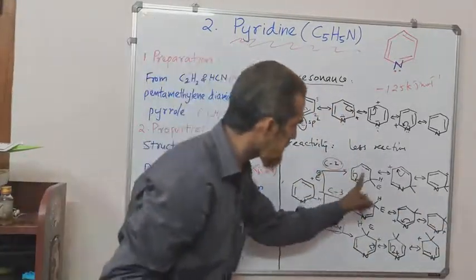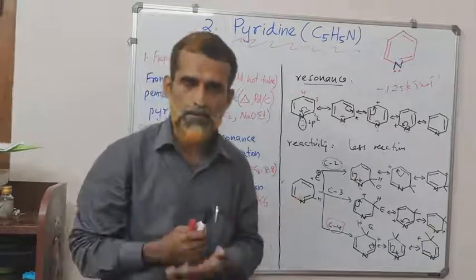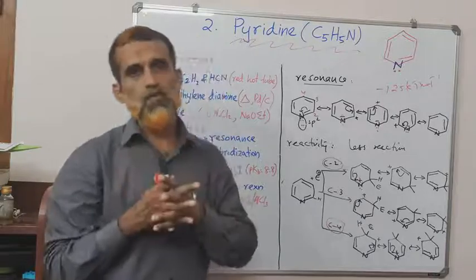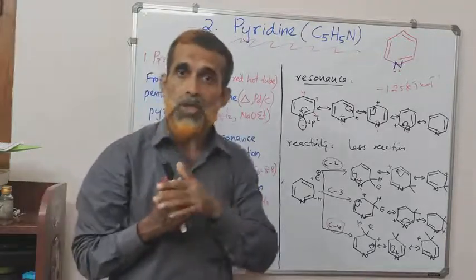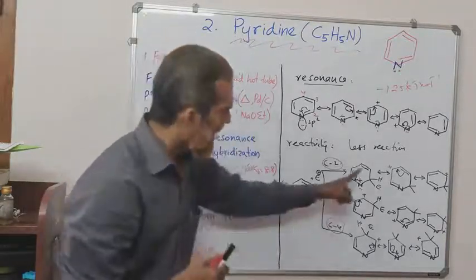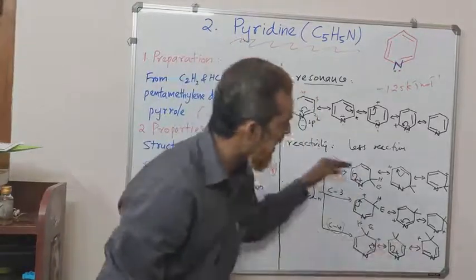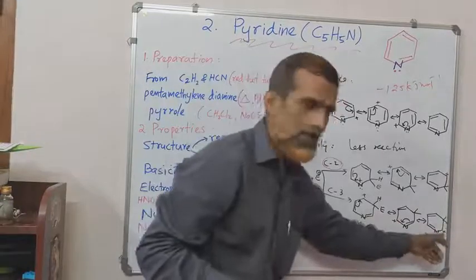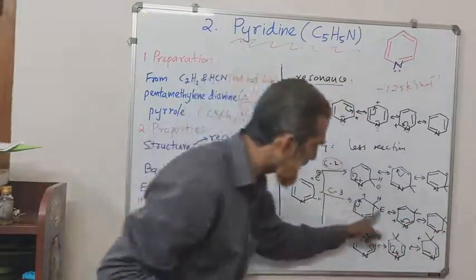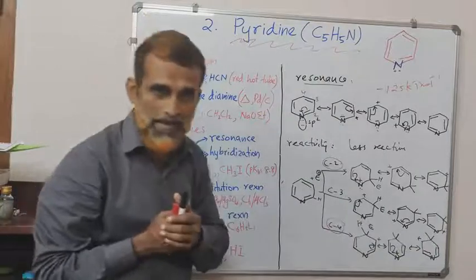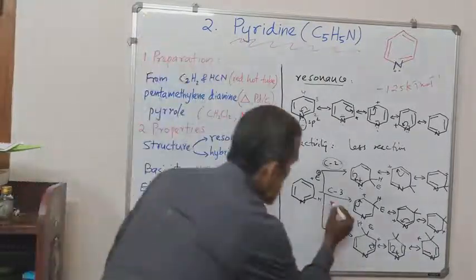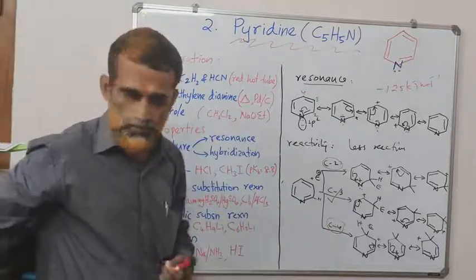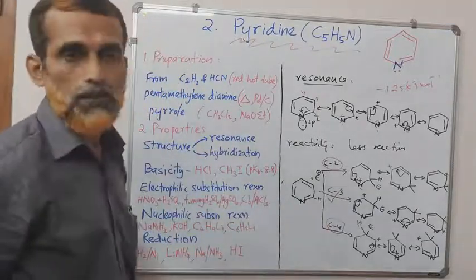When positive charge is on nitrogen, it is very unstable. See, nitrogen is an electronegative atom. It can very well hold a negative charge, not a positive charge. So these structures are comparatively less stable than these structures. So attack at C3 gives more resonance stabilized intermediate. So C3 is the preferred attack. So orientation is C3 for pyridine for electrophilic substitution reactions.